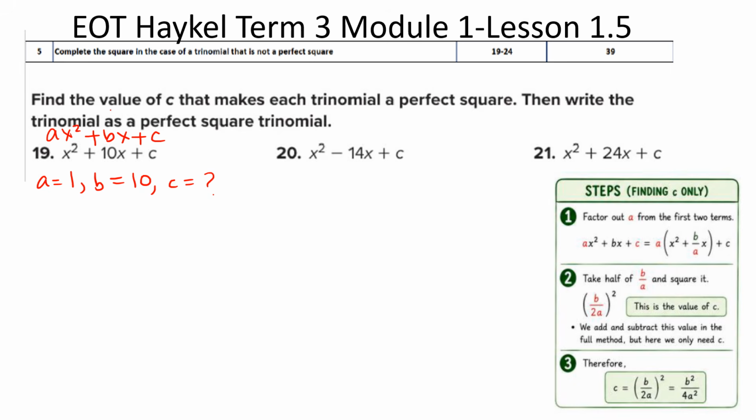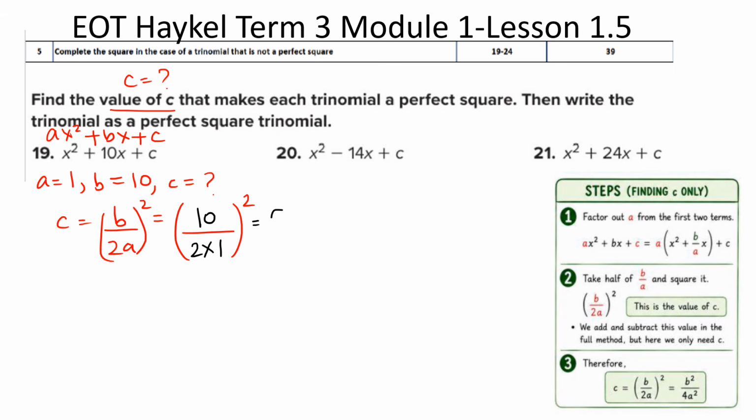So as I explained, to find the value of c, we need the formula b over 2a whole square. You can use your calculator carefully, not making any sign mistake. B is 10 and a is 1. So 10 divided by 2, that's 5. So 5 square. So the value of c is 5 square, or 25. So first part is done, value of c.